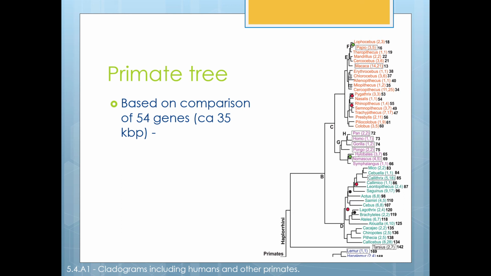Now try to find Homo. It is in this purple set in the middle of the cladogram. Here we've got Homo, and you can see that within this cladogram the closest relative of Homo is genus Pan, while a bit older cousin is Gorilla, and so on.